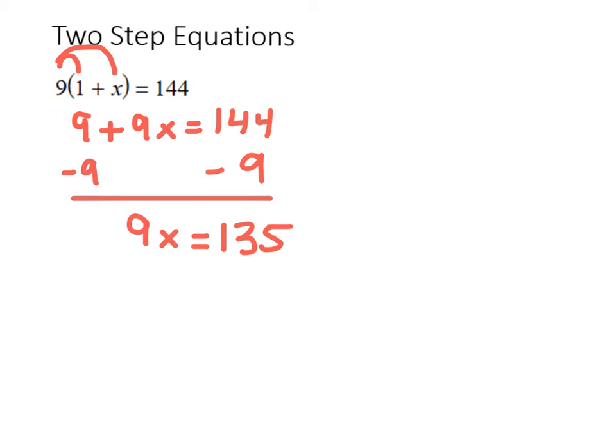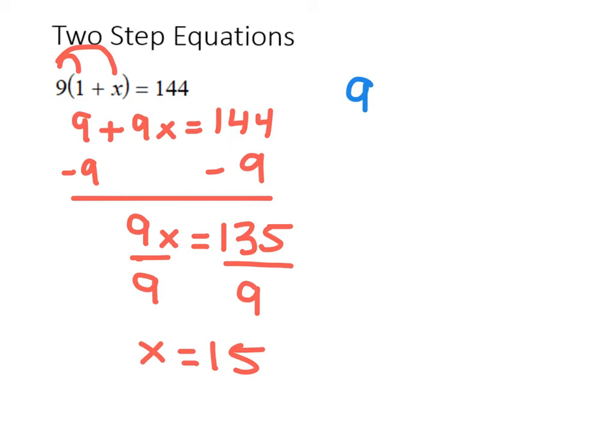Now, to finish getting x by itself, we're going to undo, or use the inverse operation of, that multiplication. So we're going to divide both sides by 9, and that will give us that x is equal to 15. And lastly, now we have to check our answer. So we're going to plug it back into the original equation.